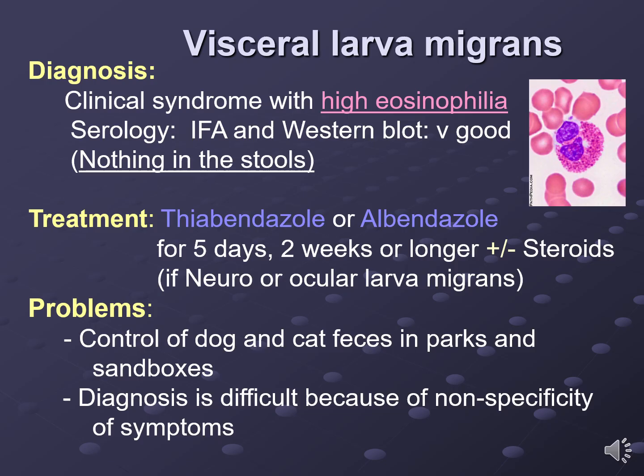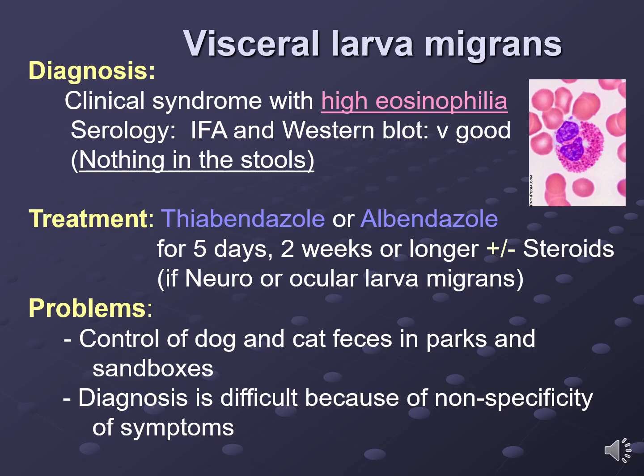Okay, diagnosis: high eosinophilia is a feature. Serology is very helpful because we don't have eggs, we don't have anything to look for in this case. So it's eosinophilia and serology. Treatment is thiabendazole, which is an old benzimidazole derivative, or albendazole.